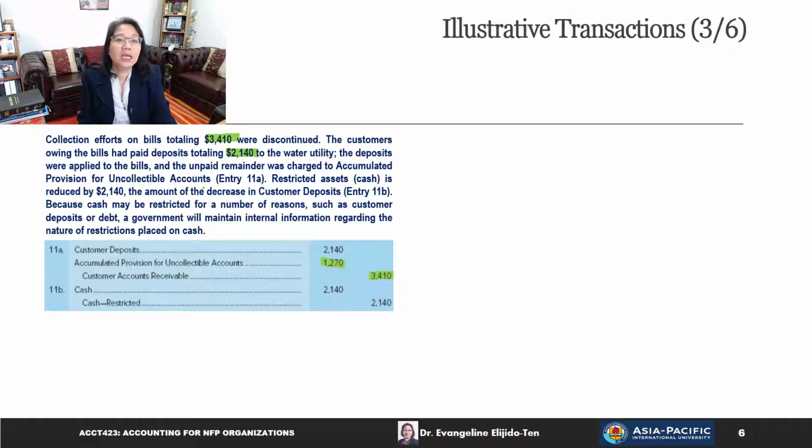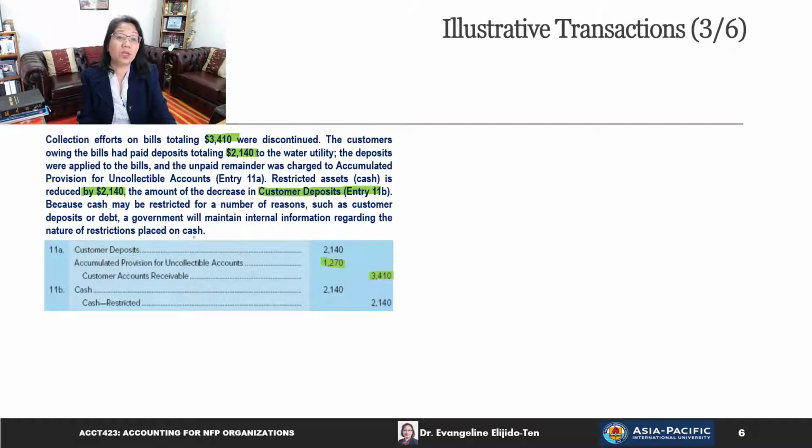All right. The restricted assets cash is reduced by 2,140. This is the amount of the decrease in customer deposits that we're recording in entry 11B.